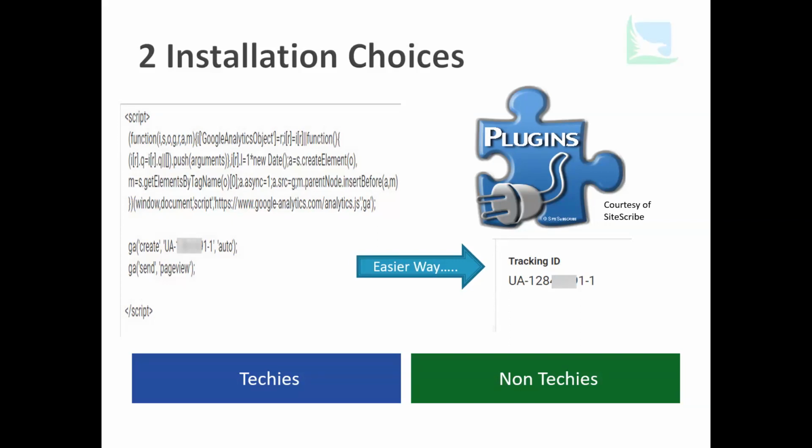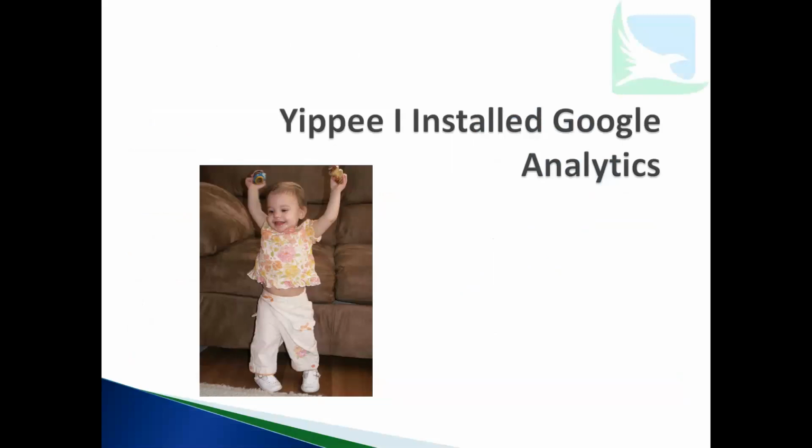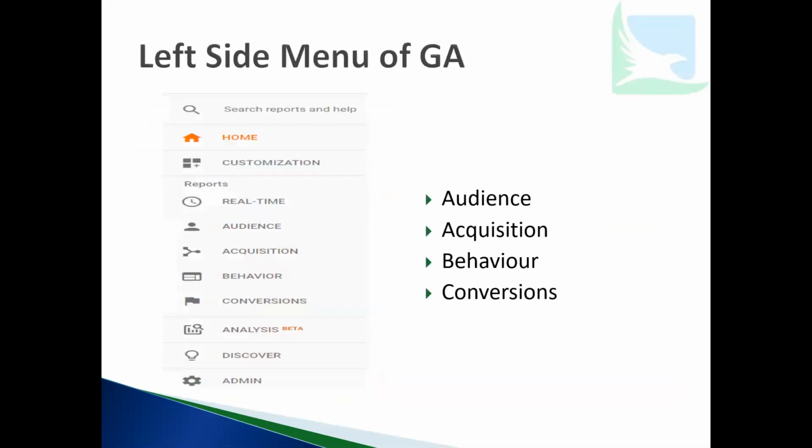So the good news is, you've installed Google Analytics. It will begin picking up data almost immediately and giving you information. So I want to go into a little bit about the reporting and how to read some of the reports that are available to you.